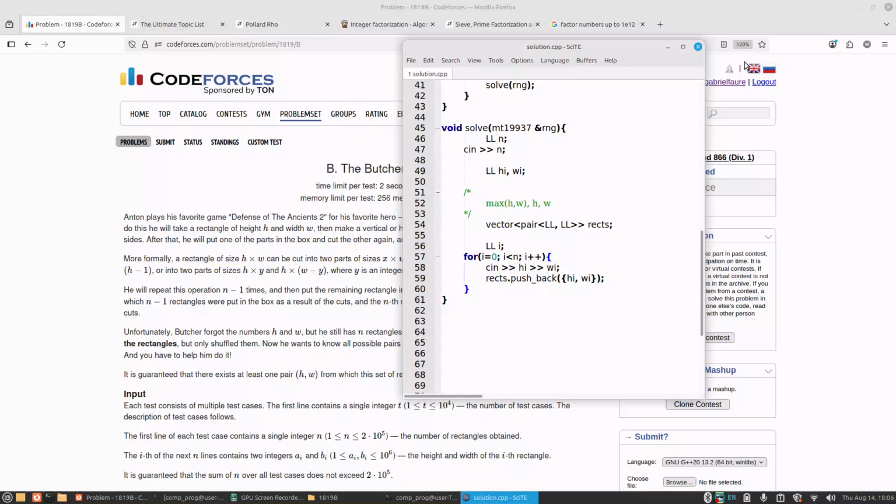So I assume we'd use like a map. Or rather a set of the possible rectangles we can create. Yeah, I don't even know if you have to sort this. We can just, yeah, I think we have to sort it. Let's say sort from the smallest to the biggest in terms of the height first.